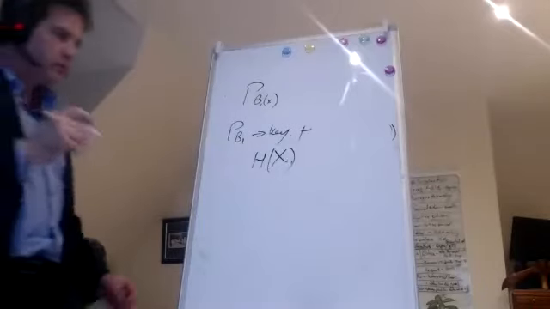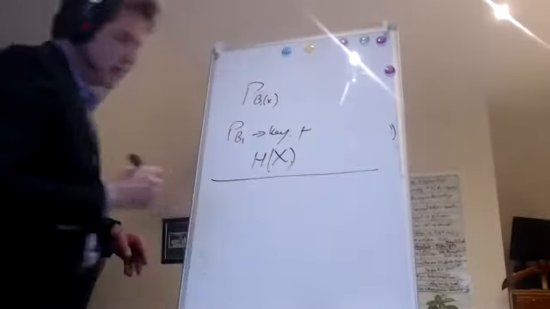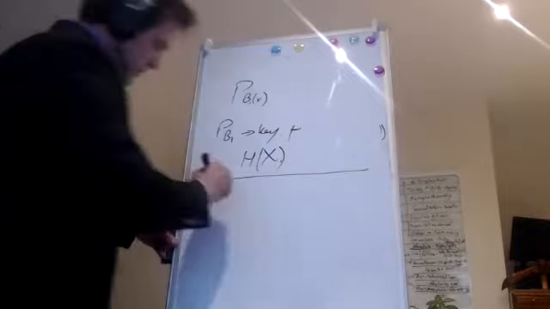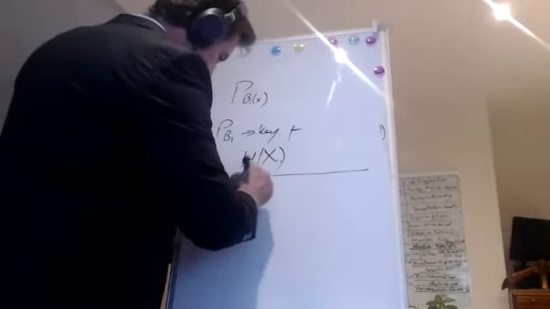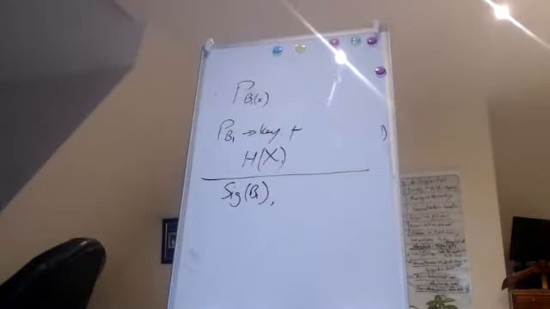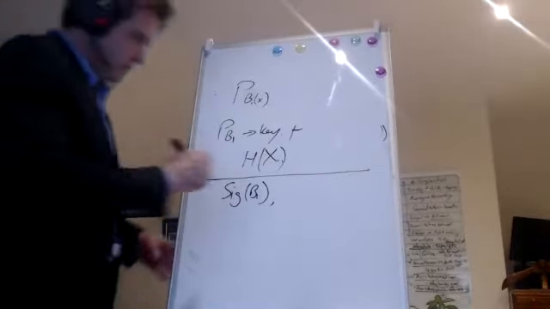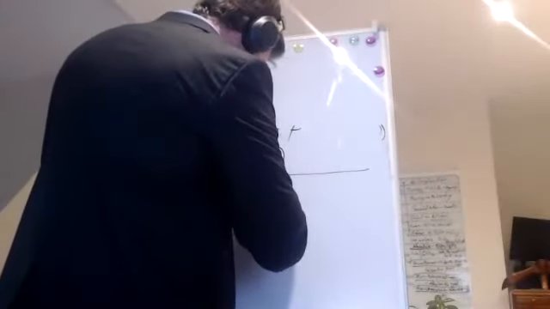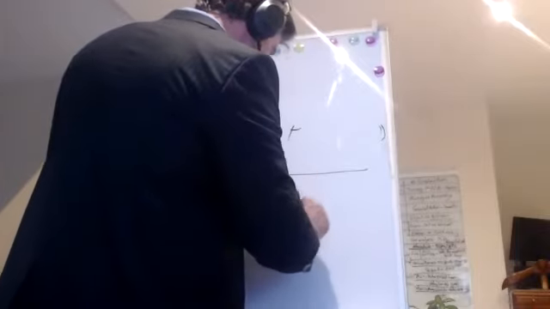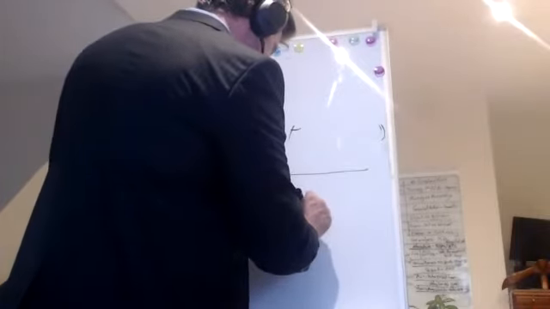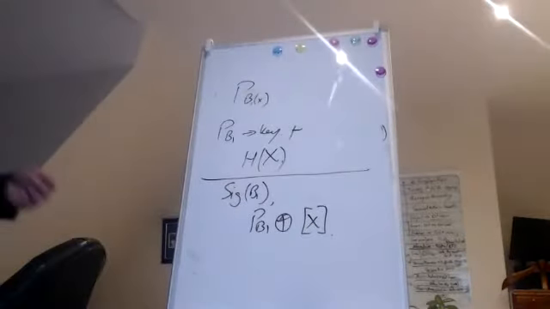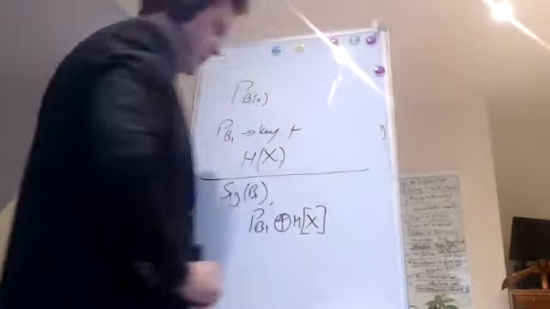So now this could match up into an address function, because we have to have sig B1, but we use pub B1 XOR X, or hash of X. Okay?